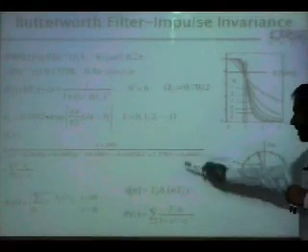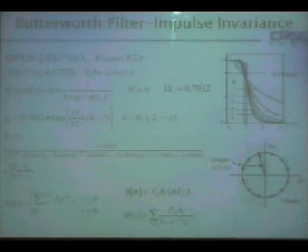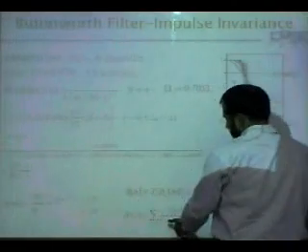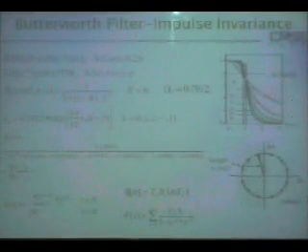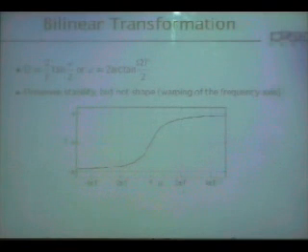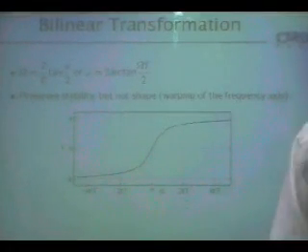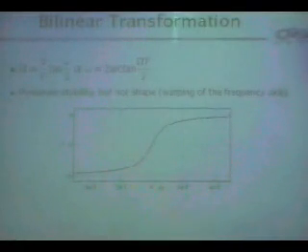But there is also a direct relationship for converting a pole here to a pole here. So we covered this example. Then we started learning about bilinear transformation. So let me just give a quick review. If you have questions, please ask.